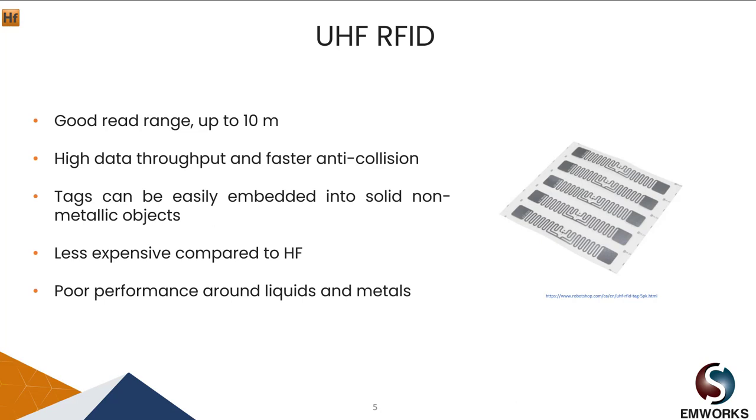The tags can be easily embedded into solid non-metallic objects. The RFID tags are mostly printed, so they are easy to manufacture and less expensive. One of the drawbacks of UHF RFID is the poor performance when there are liquids or metals in the surroundings.